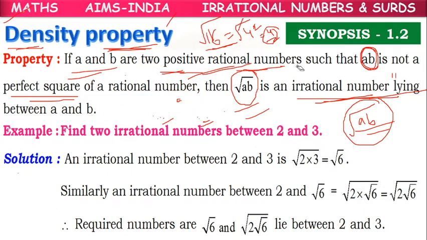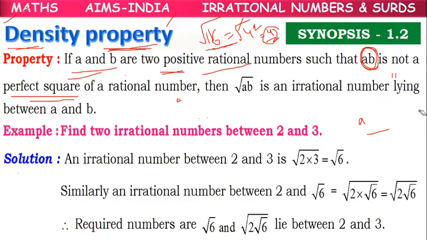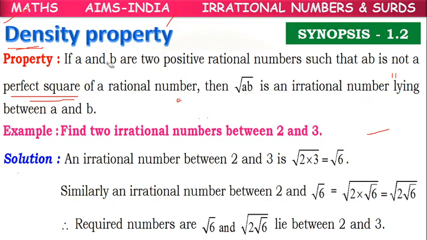Density property means inserting irrational numbers between the given rational numbers, but the condition is that the product of the given two rational numbers should not be the square of any other rational number.